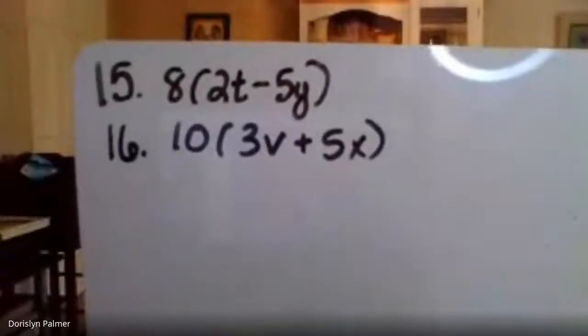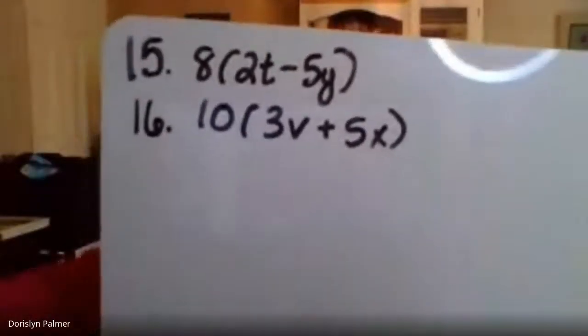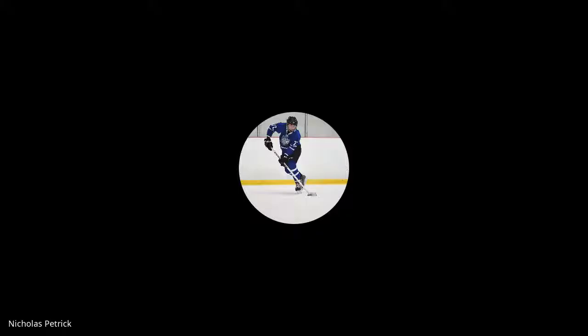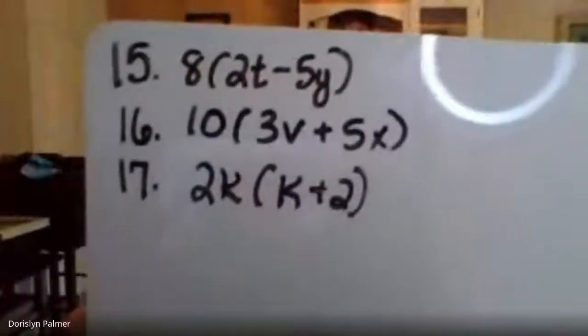That's it. 10 times the quantity 3v plus 5x. All right, 17, Nicholas. For 17, I got 2k in parentheses k plus 2. Yeah, good. 2k times the quantity k plus 2.